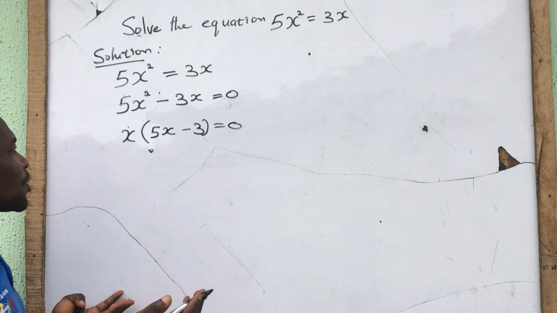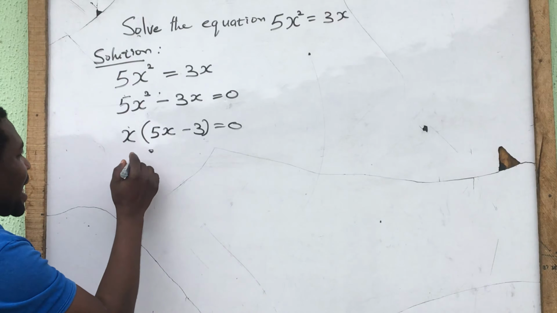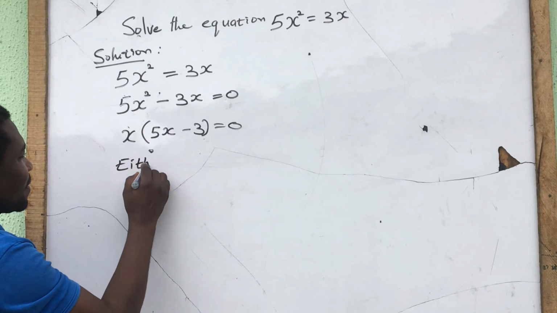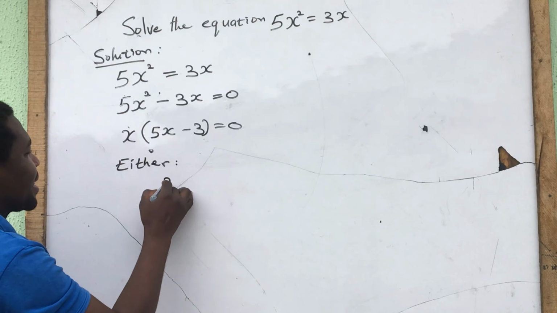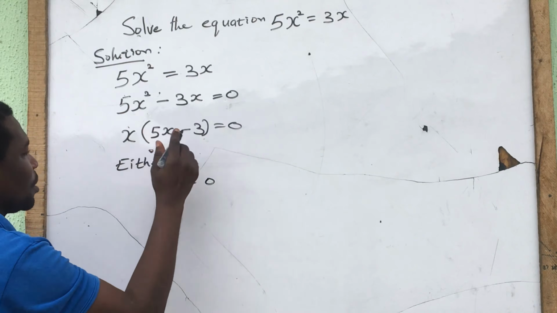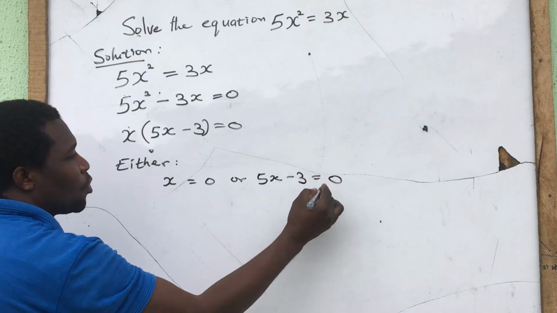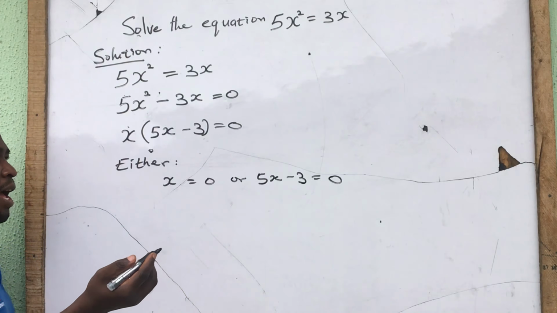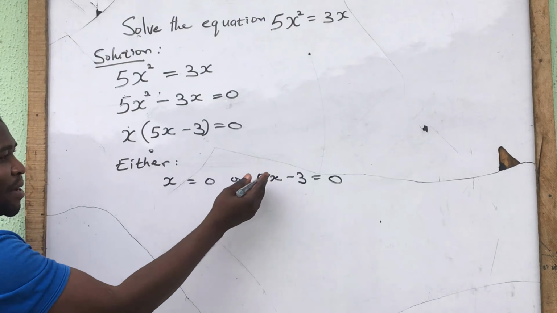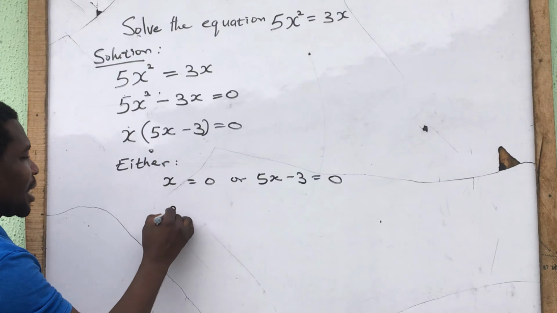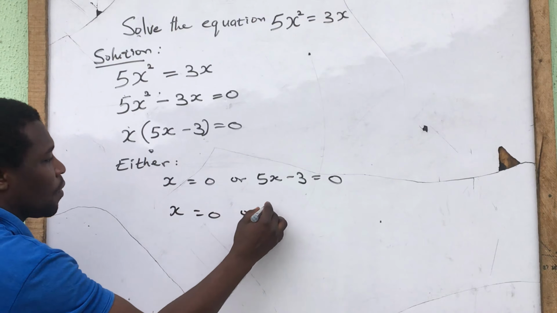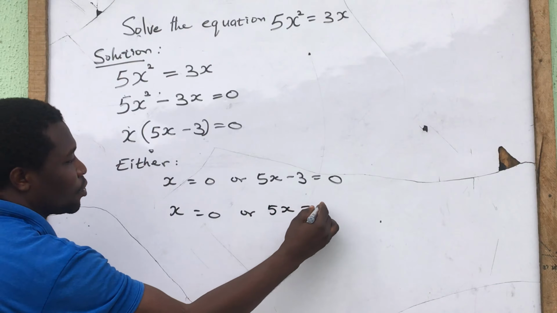Can you see that? So then from that, it's either x equals 0 or 5x minus 3 equals 0. So to get the value of x out here, let me make x the subject of formula. So that is x equal to 0 or 5x equal to 3.